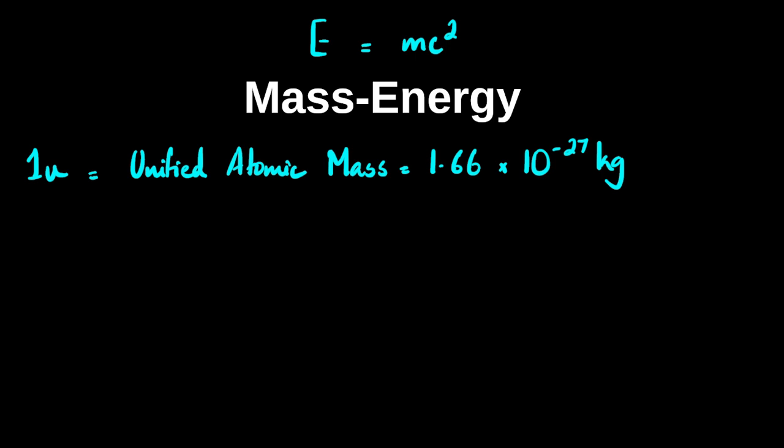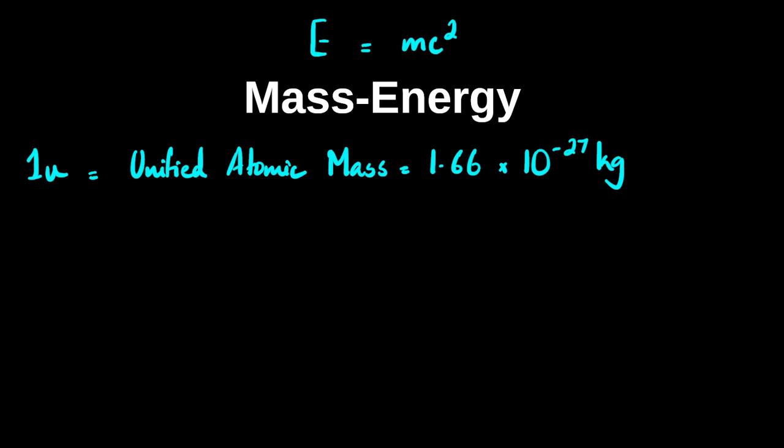And you also probably know why we measure these in u instead of just in kg, because the masses are so small that it really doesn't make sense to measure those in kg, because we'll have a 10 to a very negative power always appearing with those. You might also know this from chemistry.